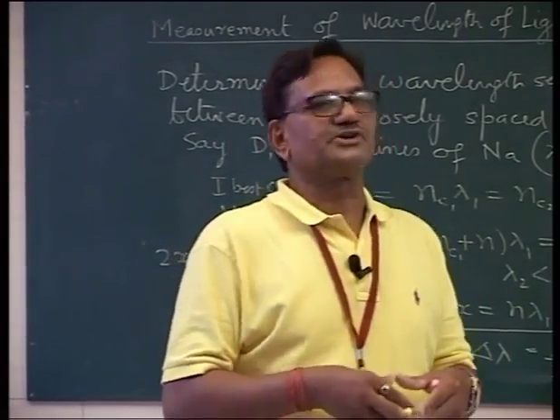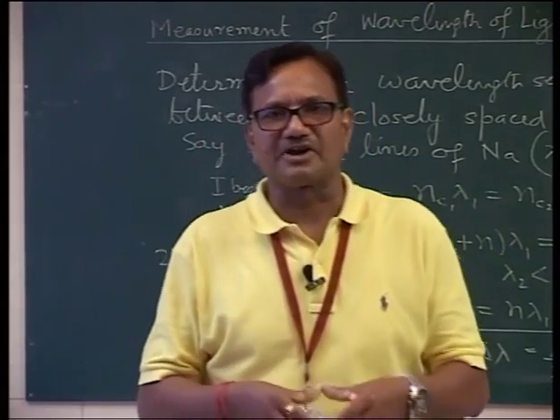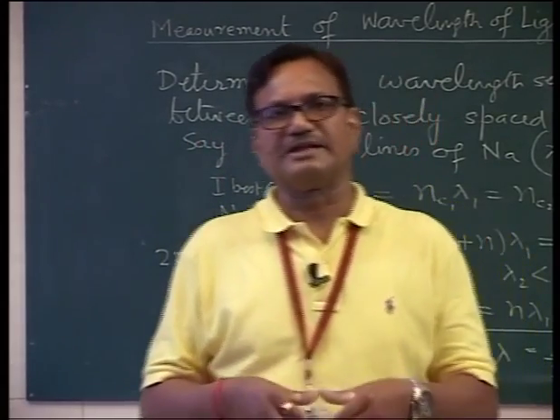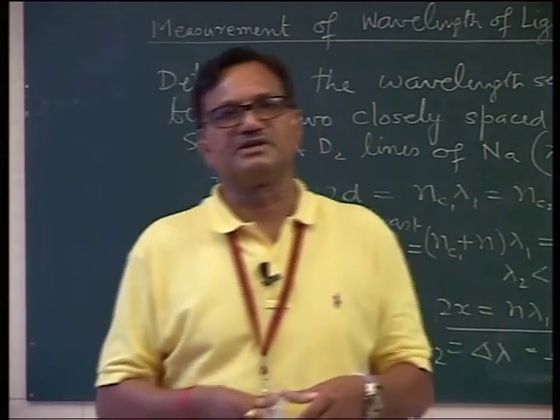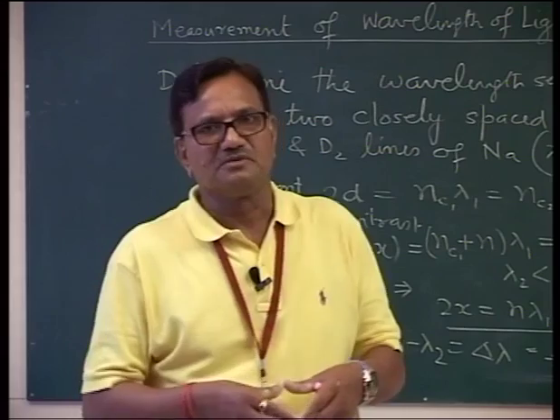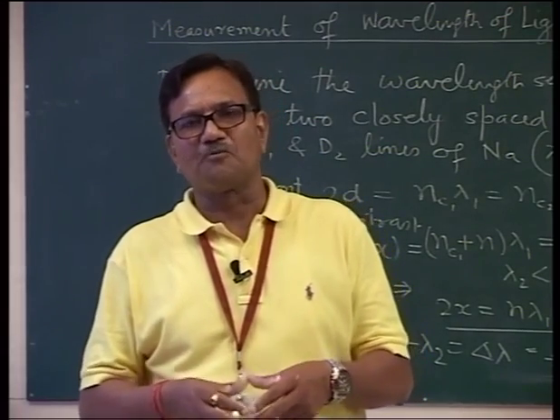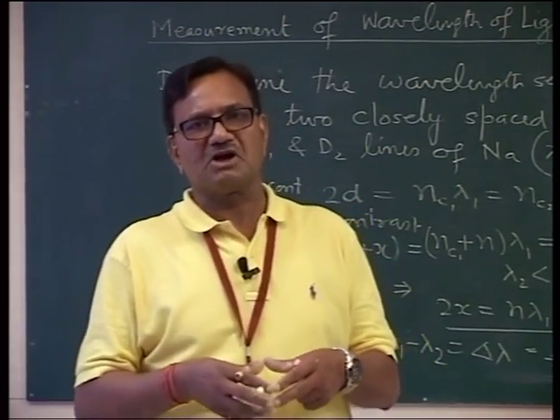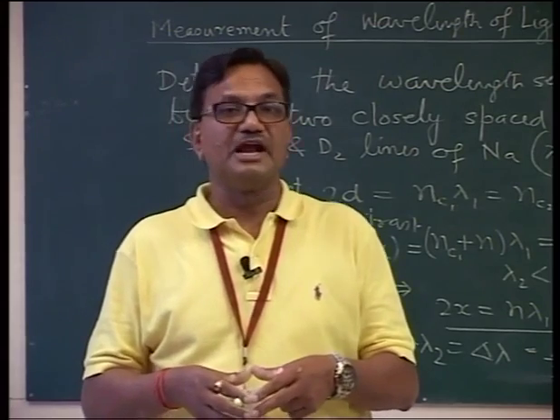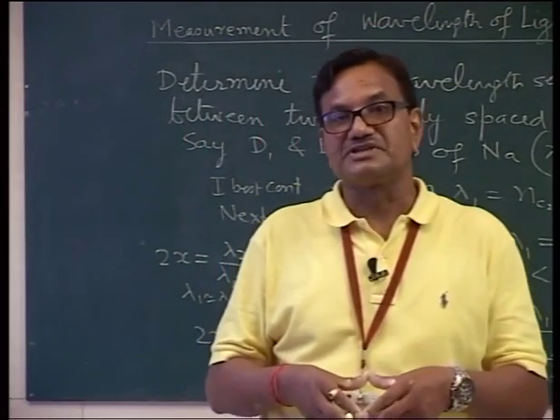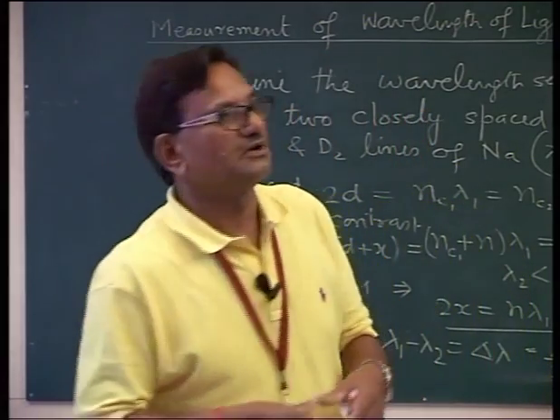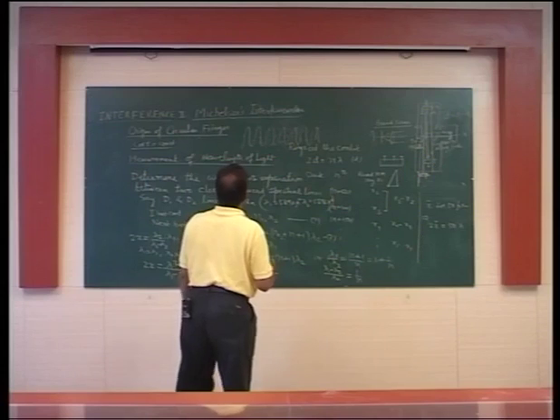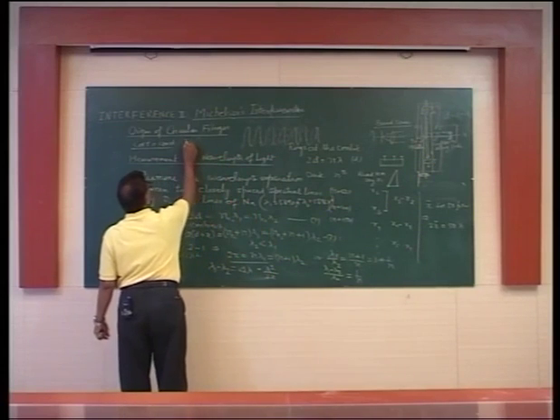Another is temporal coherence, which refers to waves propagating in the same direction, and this is related to monochromaticity. Monochromaticity means how far the wavelength remains constant, and therefore delta lambda measures the deterioration in coherence.